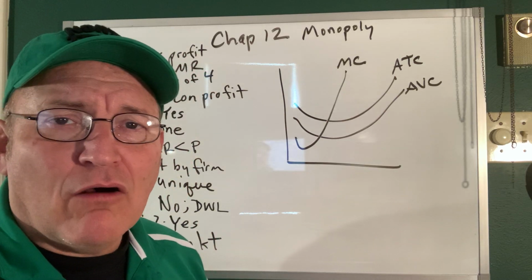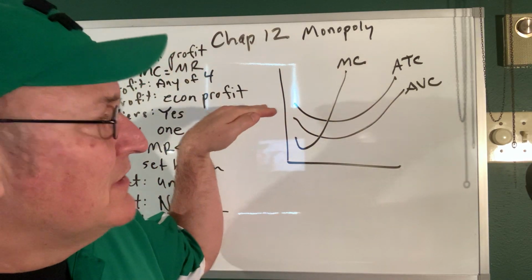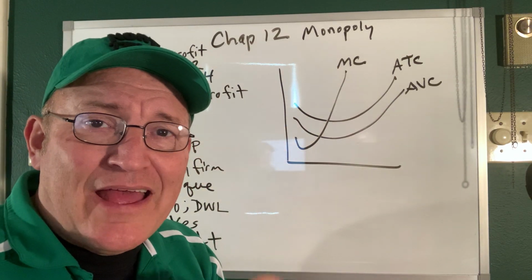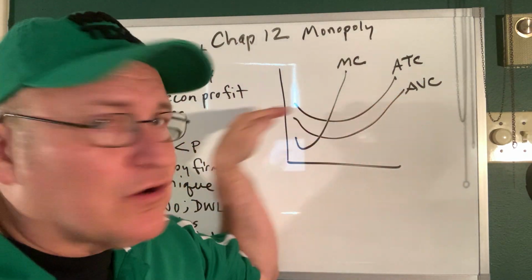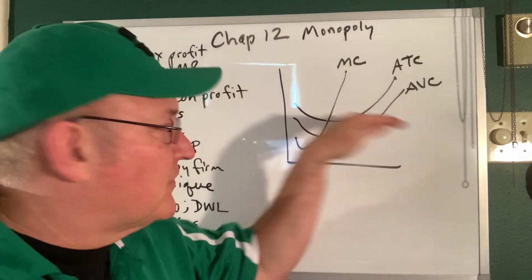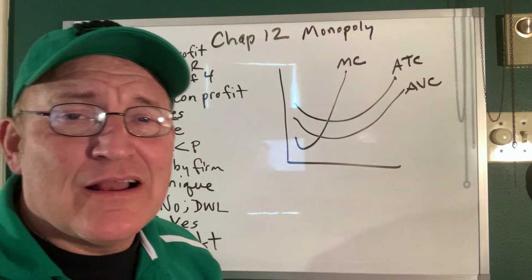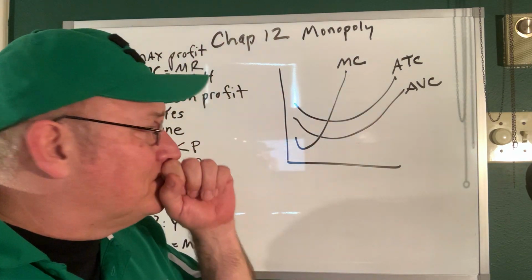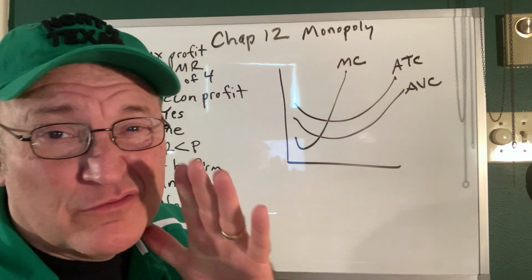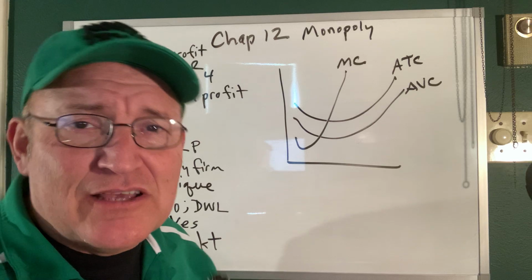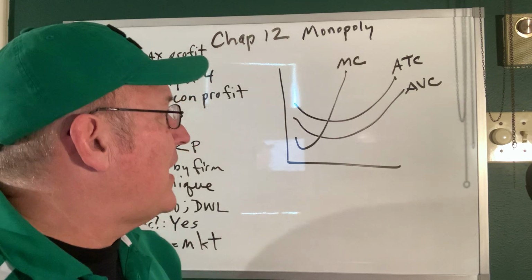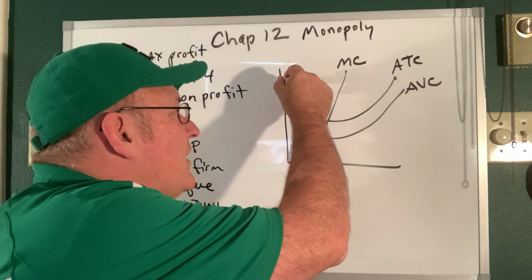Now, as you'll recall, in a perfectly competitive market structure, because the firm had to take the market price, among other things, the demand curve is perfectly horizontal. But I'm going to tell you something. For a monopoly, and also for the remaining market structures, because the firm can set its own price, the demand curve looks like a normal demand curve.